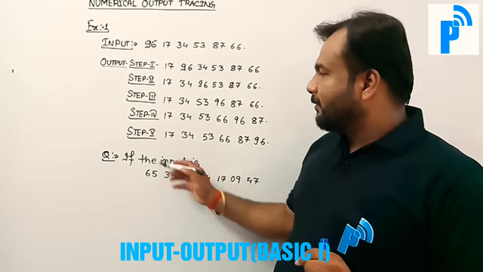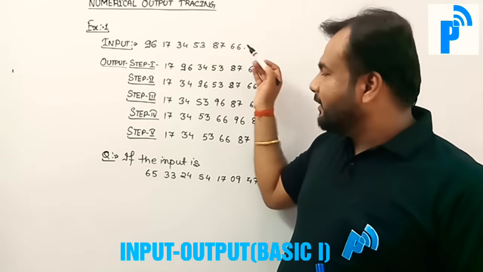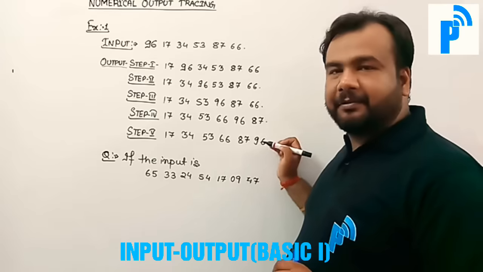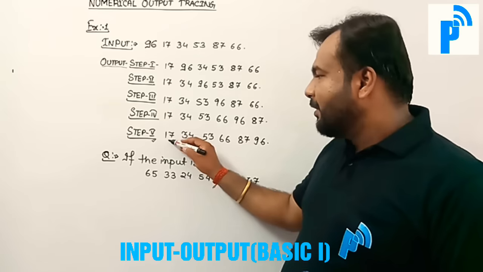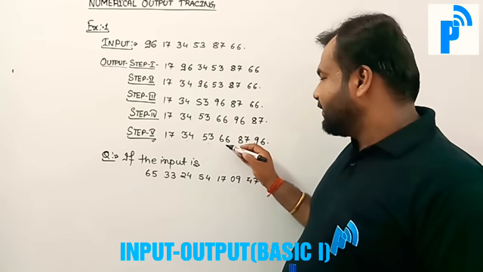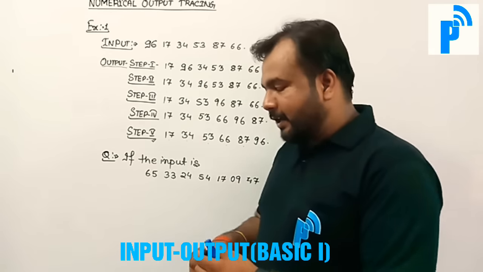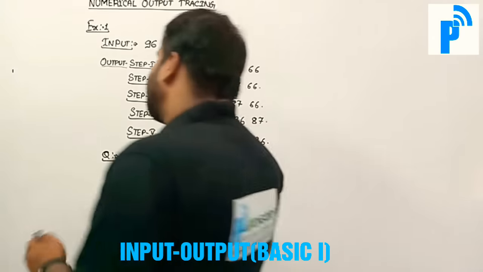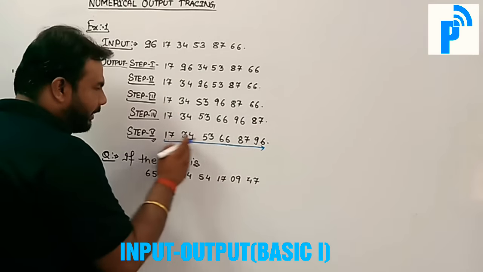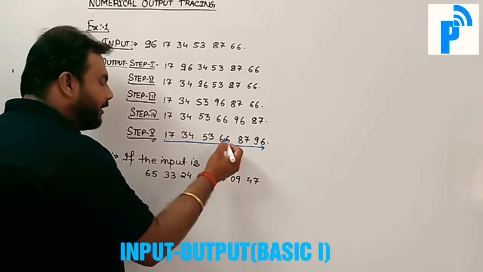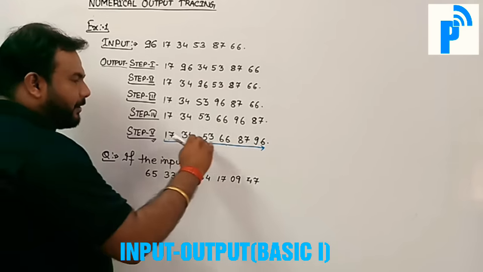In the last step, we have 17, 34, 53, 66, 87 and then 96, where these numbers are continuously arranged in ascending order, like 17, 34, 53, 66, 87, then 96. What we can see is that the numbers are increasing.